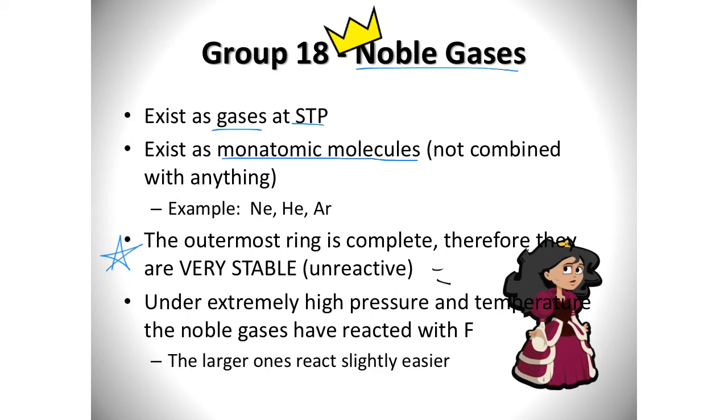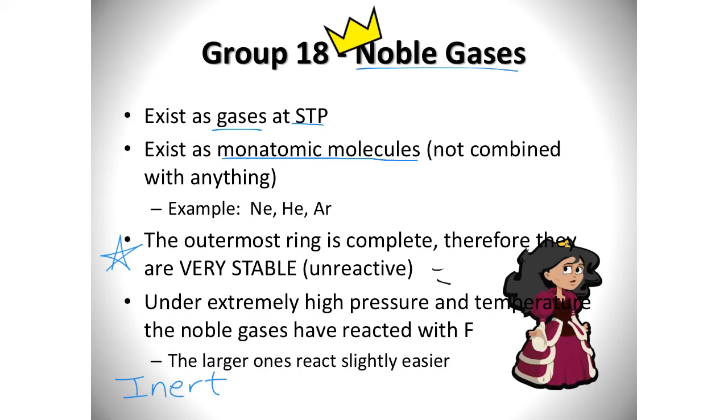Now, they used to be called the inert gases, but they did have to change that name because they have been forced to react under very high temperature and high pressure. The larger noble gases do react a little bit easier, and they do react with fluorine. But again, not spontaneously.